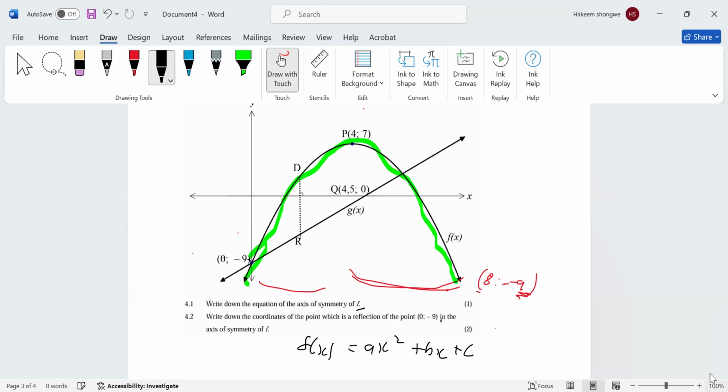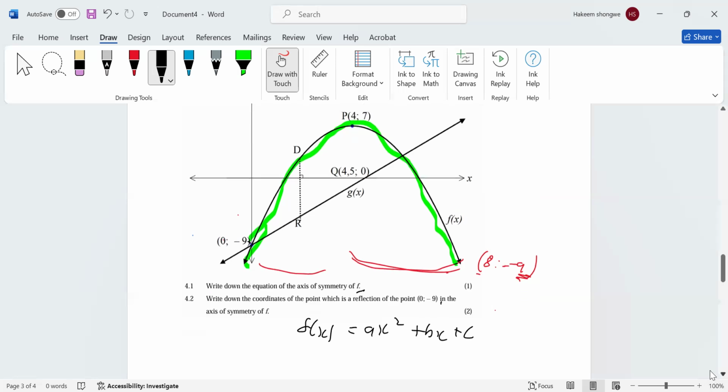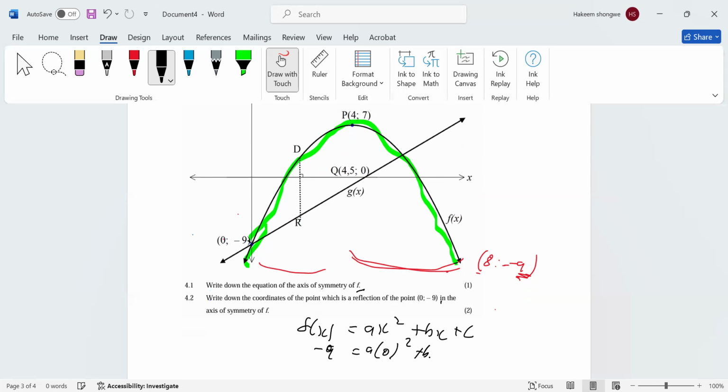To get c, we use the point on the y-axis, where y, represented as f of x, is negative 9. So x is 0: a times 0 squared plus b times 0 plus c equals negative 9. So c is negative 9.